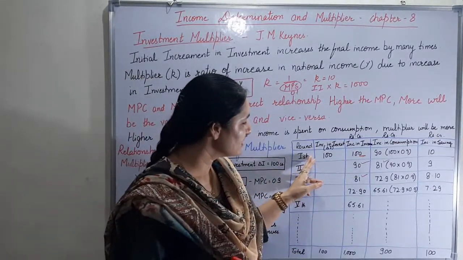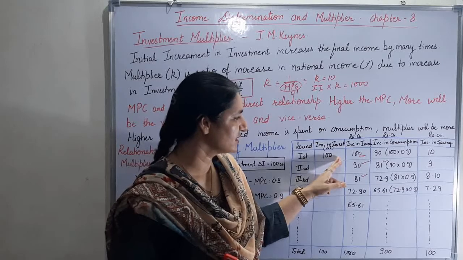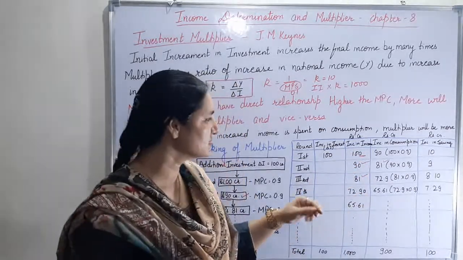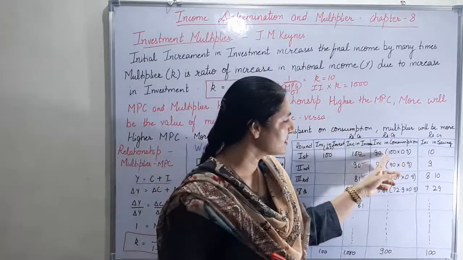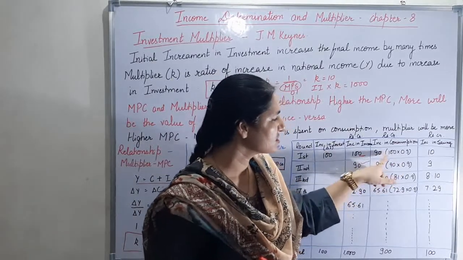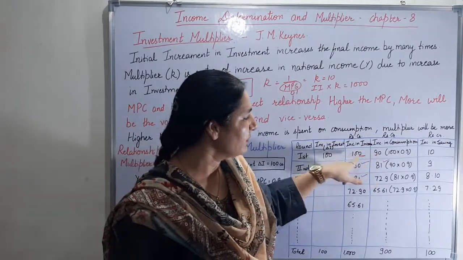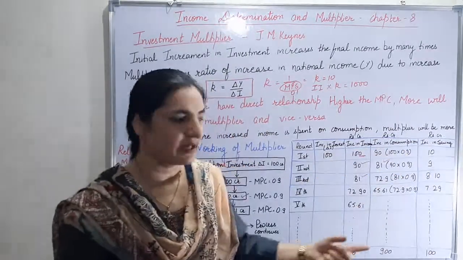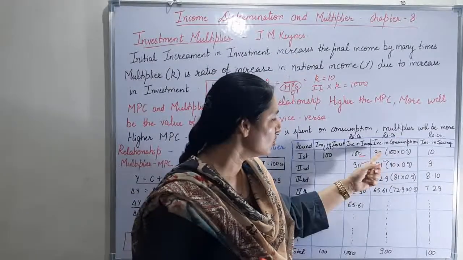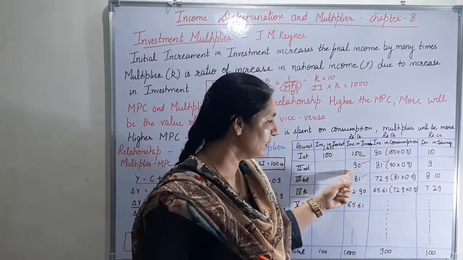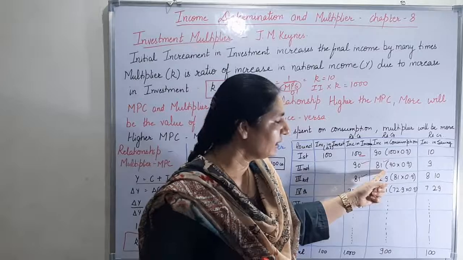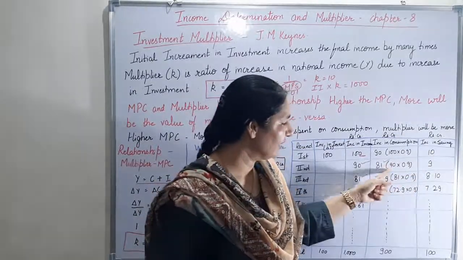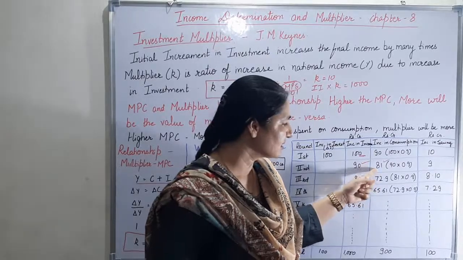Suppose in the first round 100 is the increase in investment, so the increase in income is again 100. Then the increase in consumption is 90, which is 90% of this, 100 into 0.9. The MPC is 0.9. So in the next round this will be the income, again keeping 10% as saved and 90% as consumption.